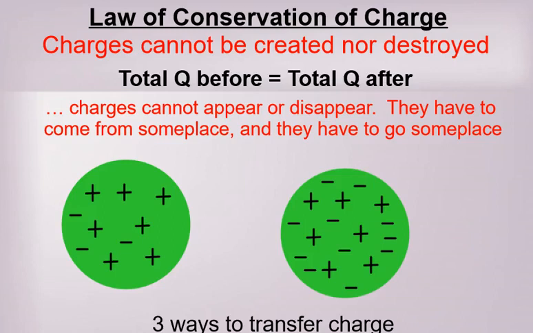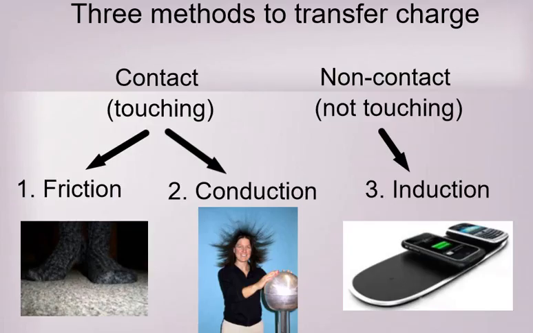And let's talk about the three ways that we can get charge to redistribute or transfer. Two of those ways require contact. So there have to be two objects touching in order for the transfer to happen, which, as you can imagine, to get electrons from one object to another, being in contact would be important.